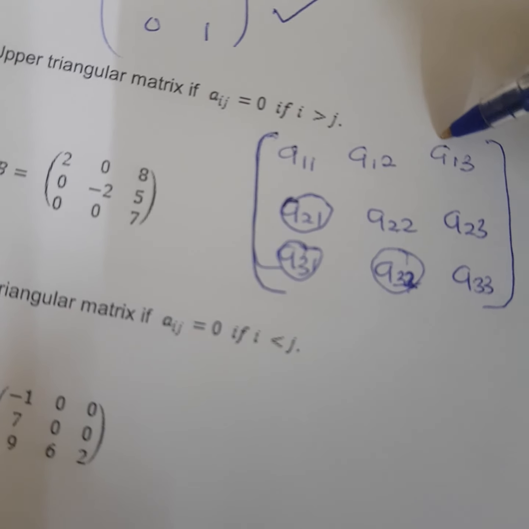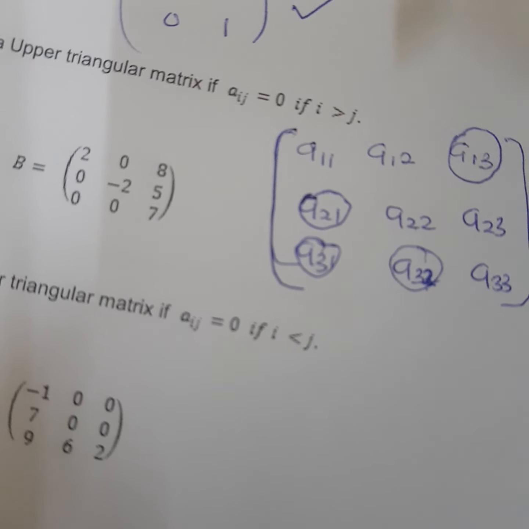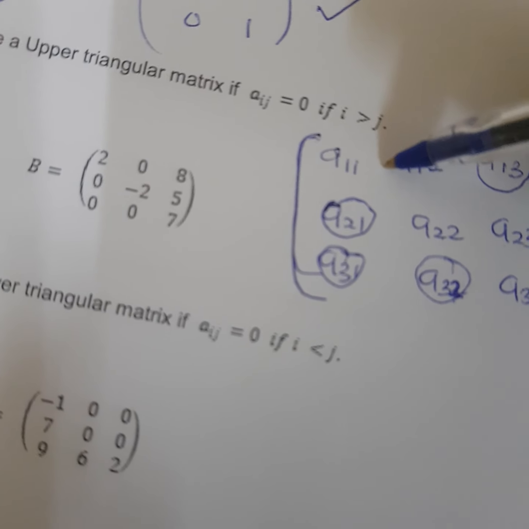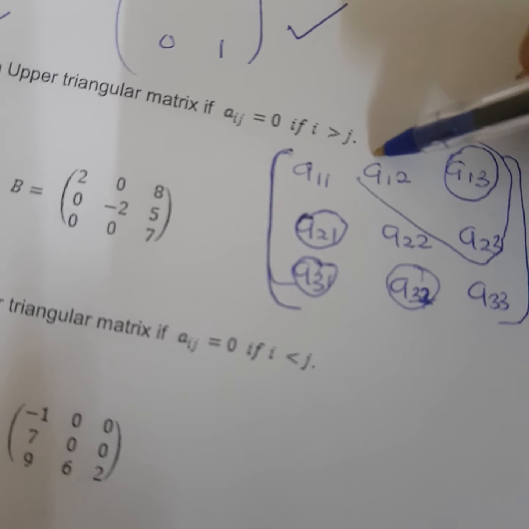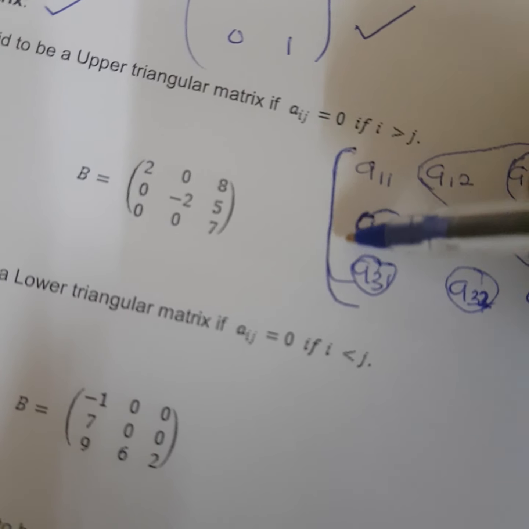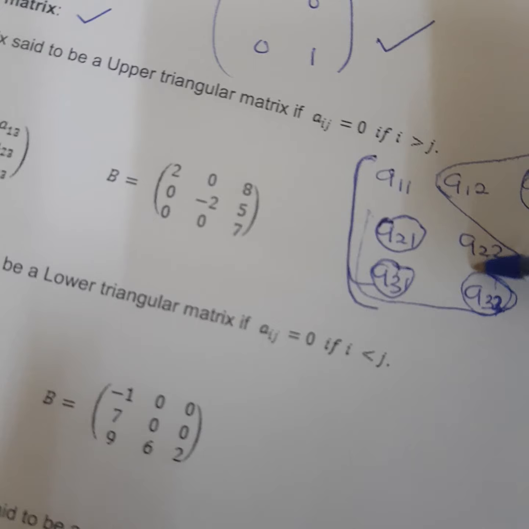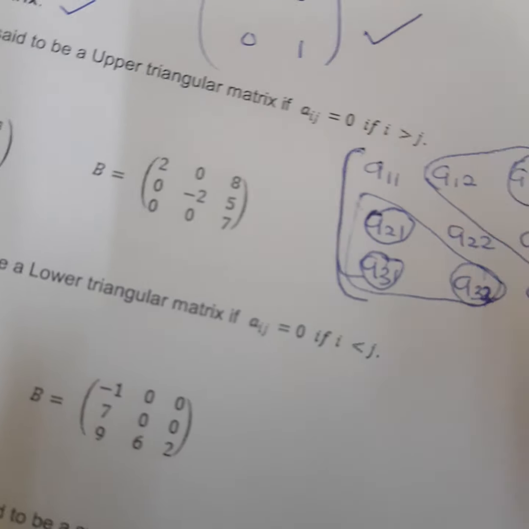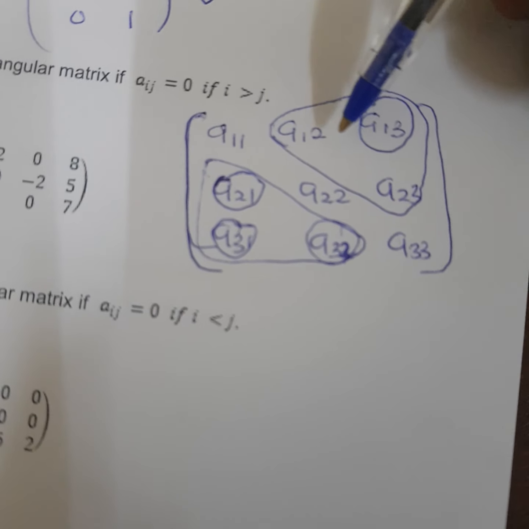So this is a_ij. All they are saying is that the elements at the upper part of the matrix are the same as the elements at the lower part of the matrix. The upper part has three elements.